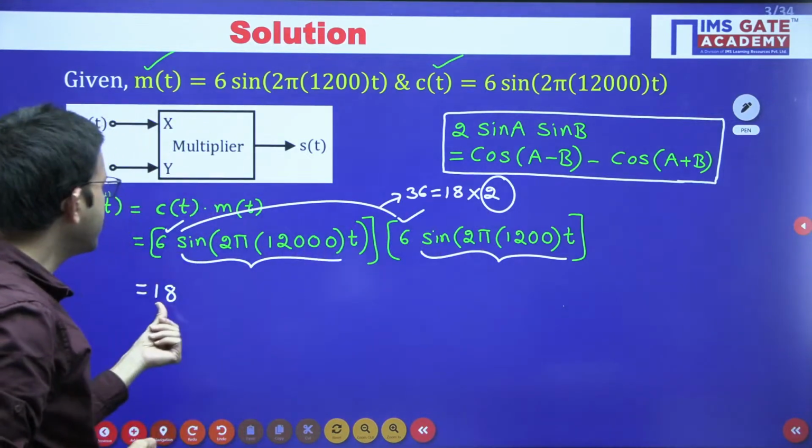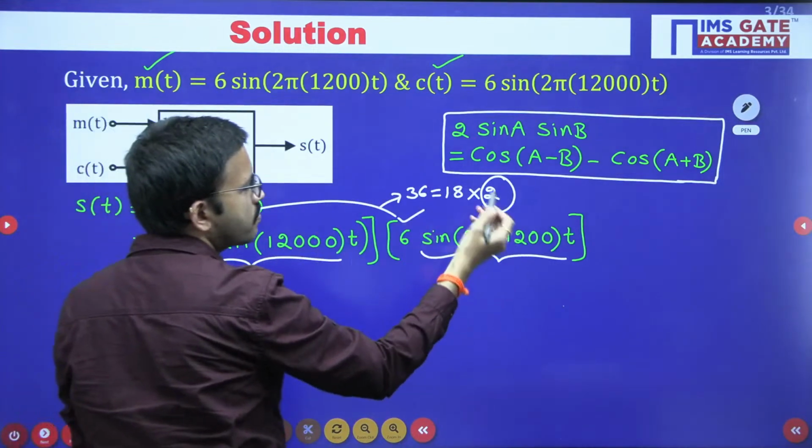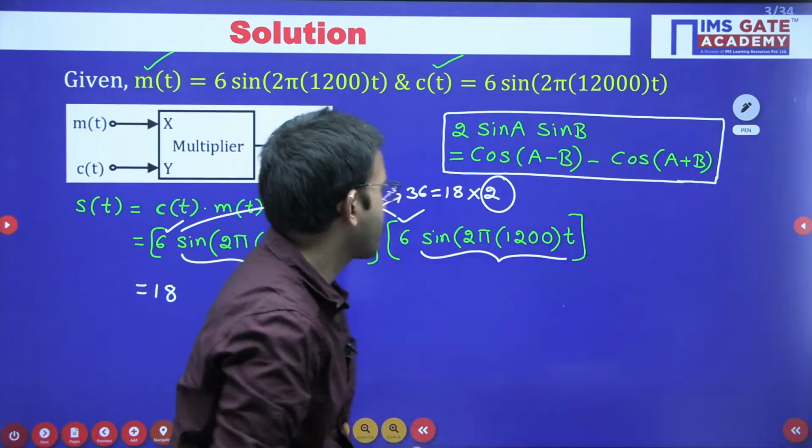Now whatever expression you have here is in the 2 sin A sin B format. So you can consider cos(A minus B) minus cos(A plus B).